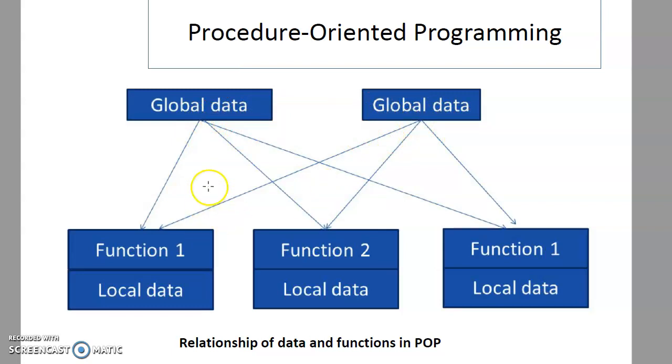Variables declared within the function are local data and globally declared variables are global data. Okay, so global data is shared across all the functions.